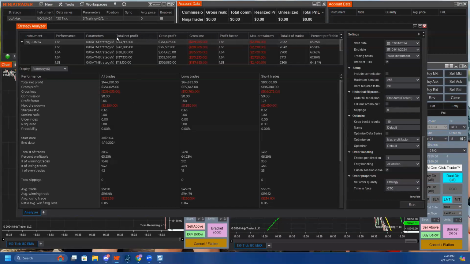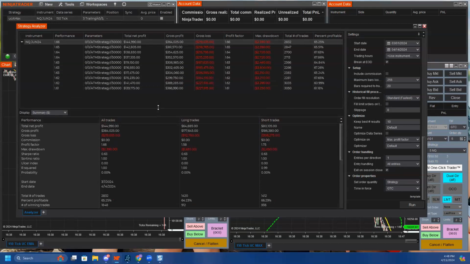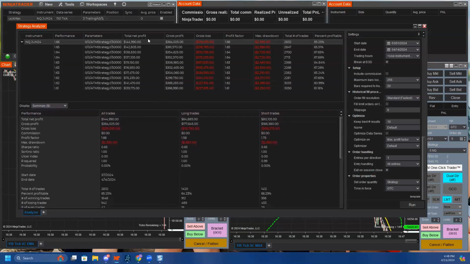So you see these are all the top 10 combinations of different parameter settings, with this one on top, giving us 145K with only a max drawdown of 23. I don't know if it's right or not, but it looks pretty good, right?